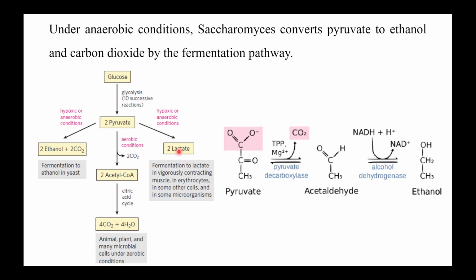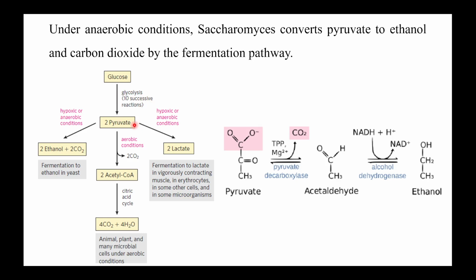Under anoxic condition, pyruvate can be converted into two different compounds depending on what kind of process is followed. So this is glycolysis. From glucose, we are getting 2 molecules of pyruvate, that is glycolysis, 10 successive reactions.